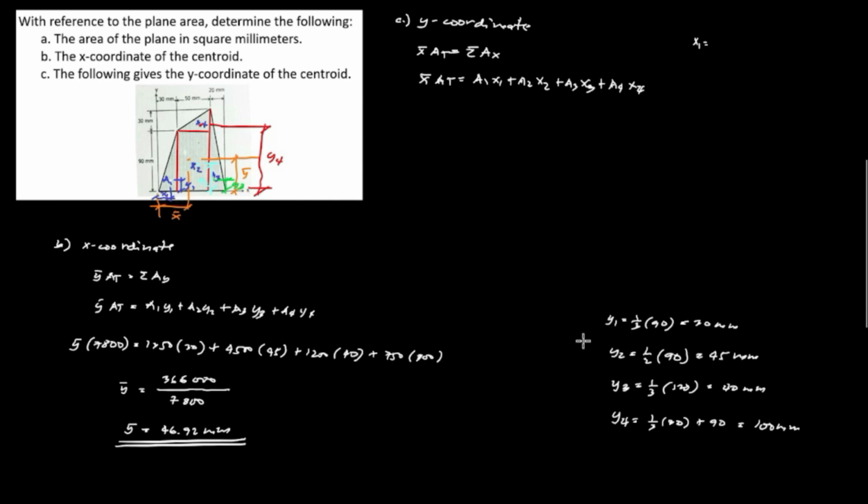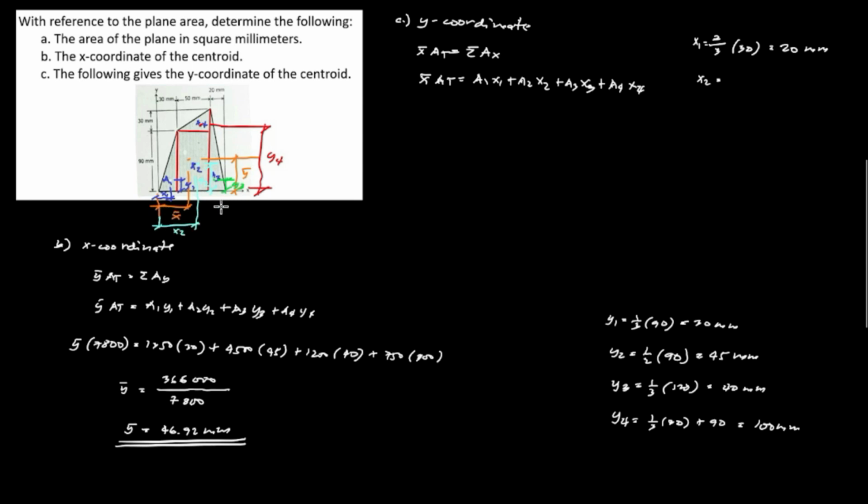X sub 1 is equal to 2/3 of the base of the triangle, which is 30 millimeter. So 2/3 of the base, which is 30, is equivalent to 20 millimeter. Next, x sub 2. X sub 2 is from the center of the rectangle up to this point.